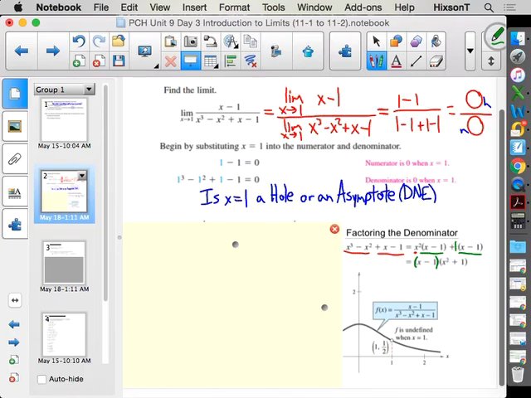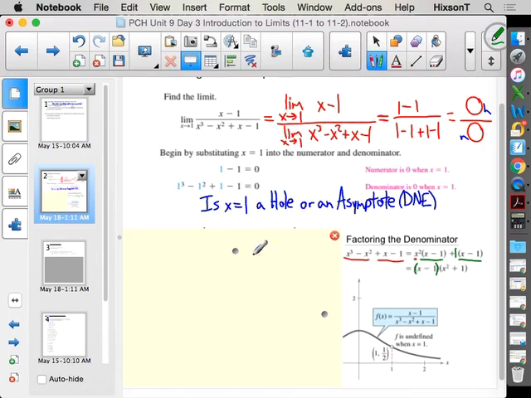Well, we have the x squared here and the plus 1 here. So we get x minus 1 times x squared plus 1. Everyone with me so far? Okay. So there's our factoring.